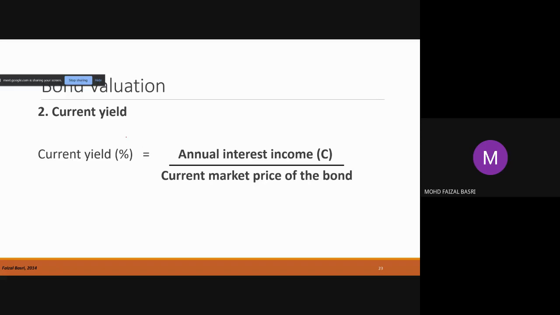So the formula for this current yield is based on C. If you remember last week, C refers to the coupon rate multiplied with par value. So you're gonna get the annual income, and then we divide with the current price of the bond. Very straightforward, and the answer will be in percentage. So please multiply with 100.